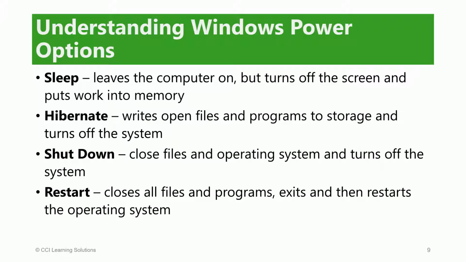Sleep leaves the computer on but turns off the screen and puts work into memory. Hibernate writes open files and programs to storage and turns off the system. Shutdown closes the files and operating system and turns off the system. Restart closes all files and programs, exits, and then restarts the operating system.